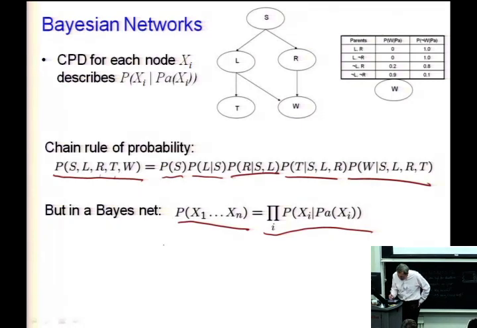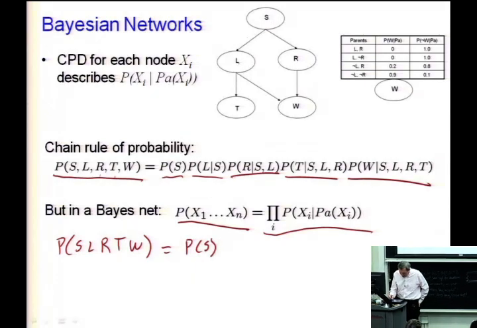Well, the joint distribution on all these random variables, given that Bayes net, says I can factor it into the product over every node of its probability conditioned on its immediate parents. So let's start with S. S has no immediate parents, so that'll just be P of S.